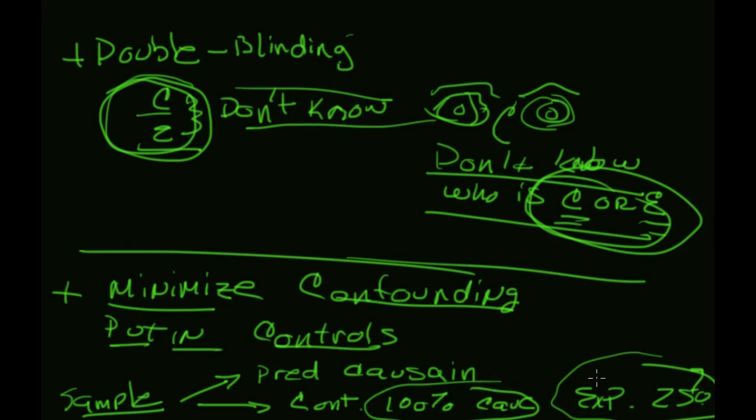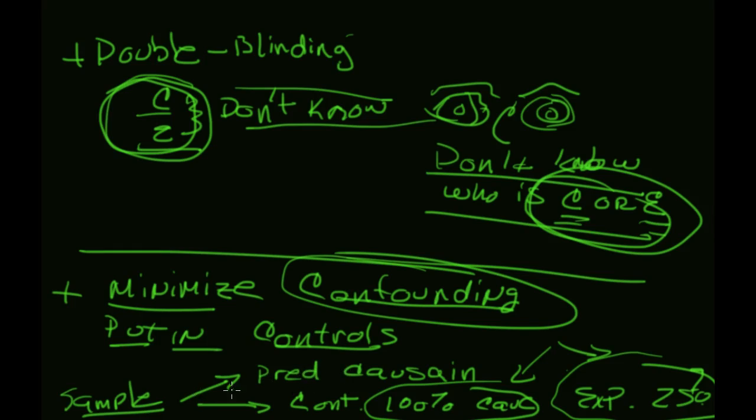Because now you don't know if the results are specific to like people who are non-Caucasian, or if it's because of the treatment that you're giving, and now everything is confounded, okay? Because you're not sure whether or not these things have happened.